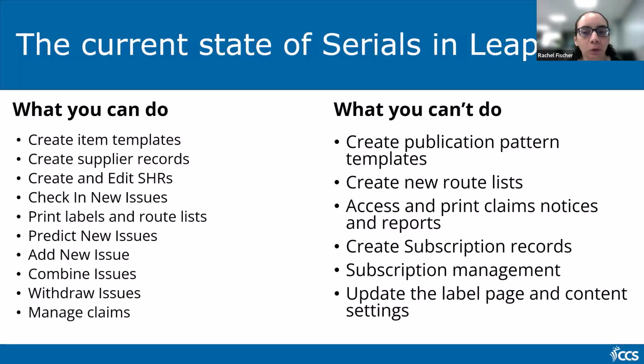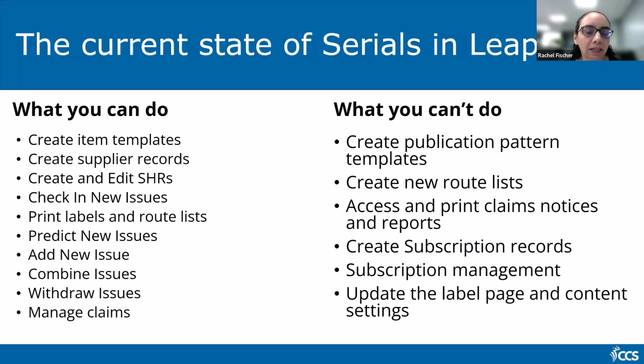Also, you would need to update any label page and content settings if you need to update, like, the font or something like that to print labels. That still needs to be done in the client. However, one of the new things that were added to LEAP recently is the claims alert list. So now you can do the majority of your claims functions in LEAP.